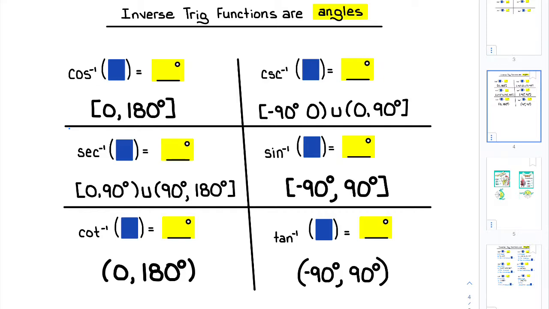Looking at the chart, I want you to notice that all of the inverse trig functions that I wrote on the left have answers in quadrants 1 and 2, and all of the inverse trig functions that I've written on the right are located in quadrants 4 or 1.